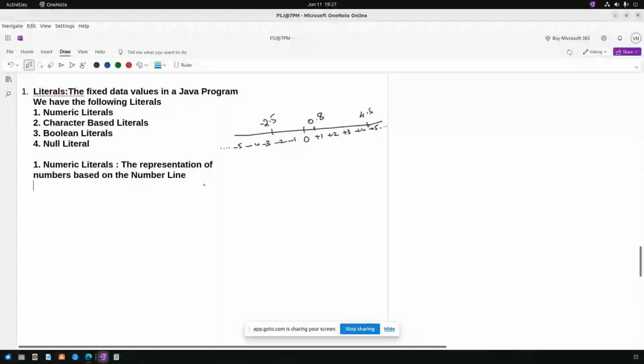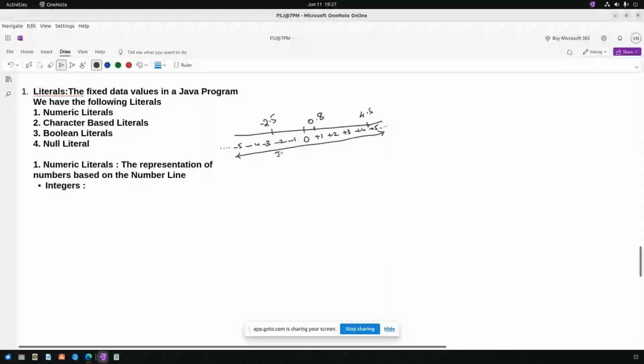The first one under this is integer. So what is an integer? An integer is a non-decimal point value. Now these all are integers. What is the specific rule about an integer?